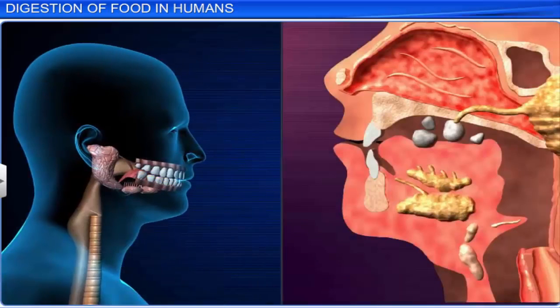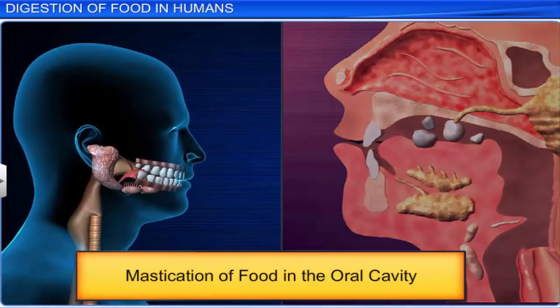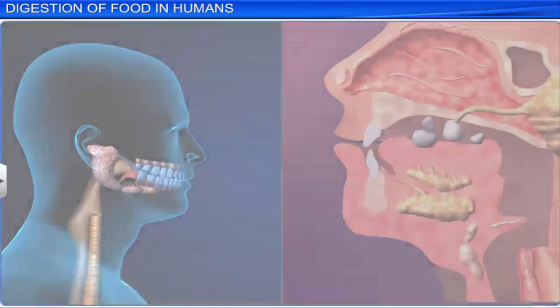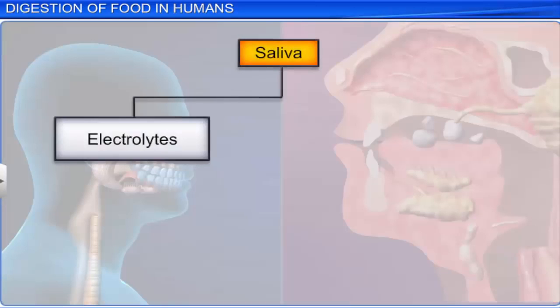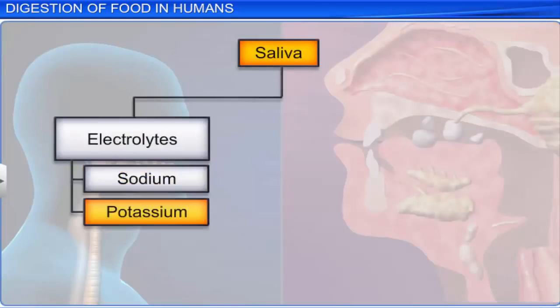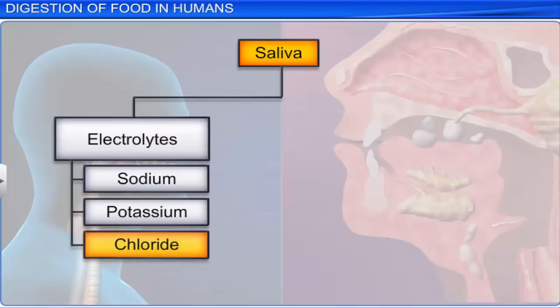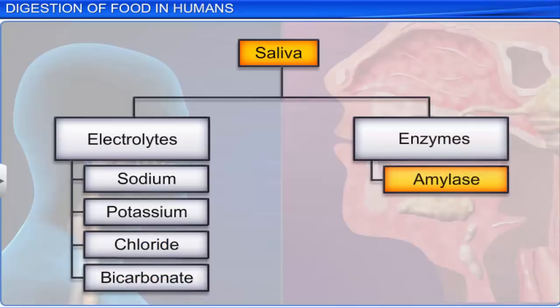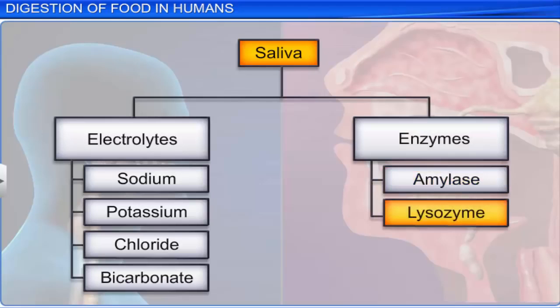The teeth, present in the oral cavity, masticate the food, while the tongue mixes it with saliva, which is rich in electrolytes such as sodium, potassium, chloride, and bicarbonate ions, and various enzymes such as salivary amylase and lysozyme.